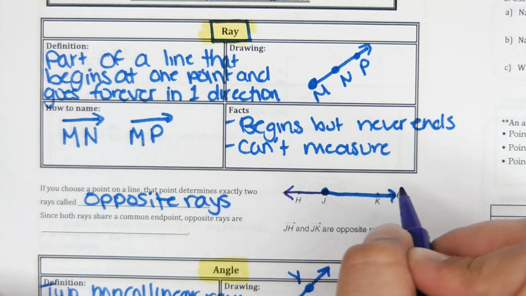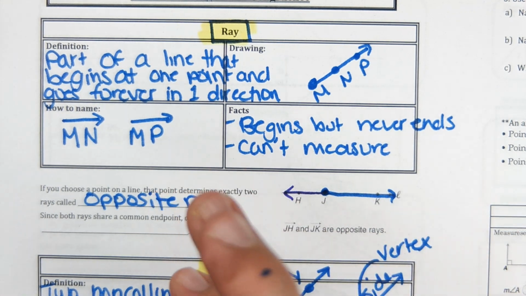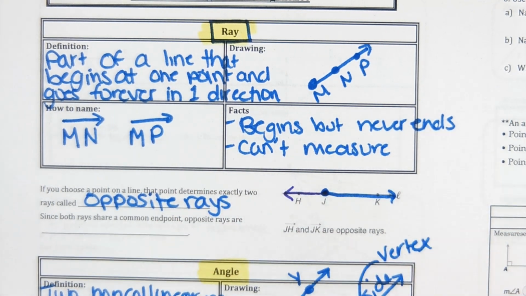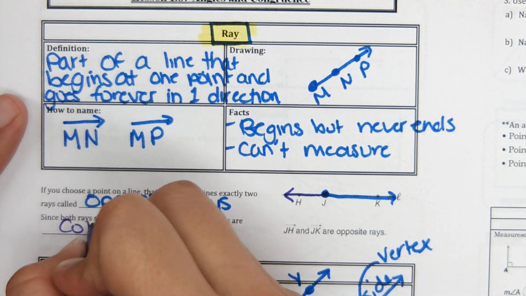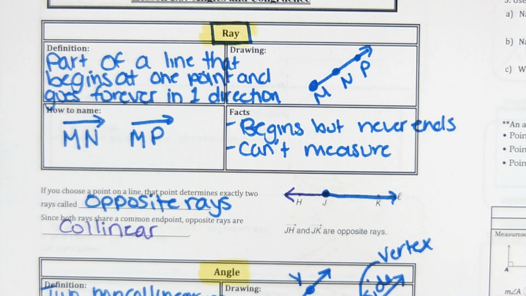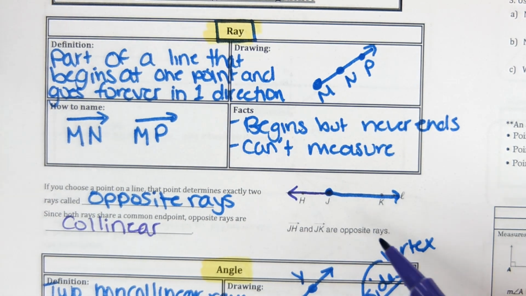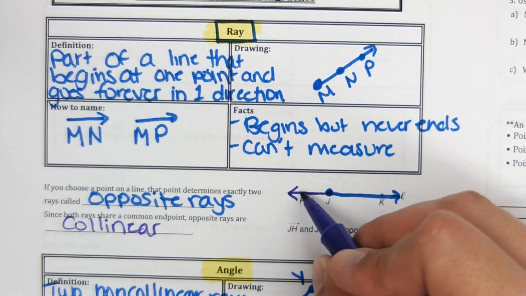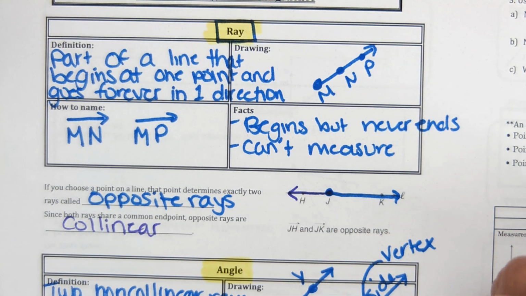And since they form a straight line, they're called opposite rays. Since both rays share a common endpoint, opposite rays are collinear. There are different names for this too. It could be a straight angle. This angle has a 180-degree measure. However you want to think about it.